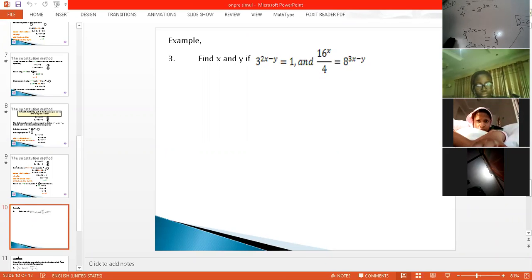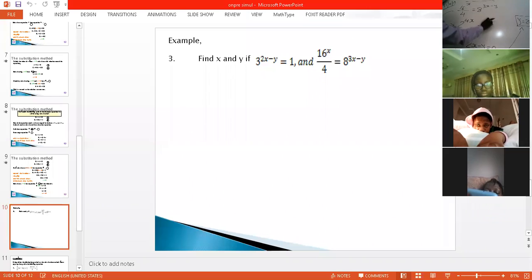Okay, now rewriting this, instead of writing 16, I will write it as 2 raised to power 4. 2 raised to power 4 will give me 16, isn't it? Now still put that power of x beside it, equals, instead of writing 8, I will have 2 raised to power 3. 2 times 2, 4, times another 2, that will give you 8.